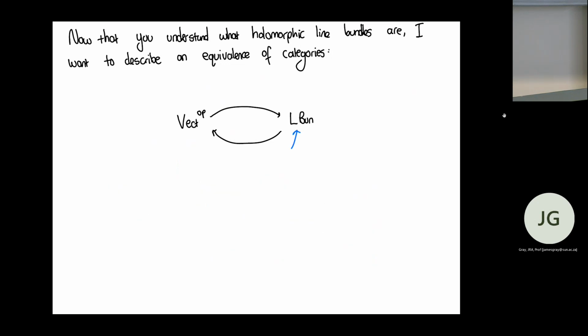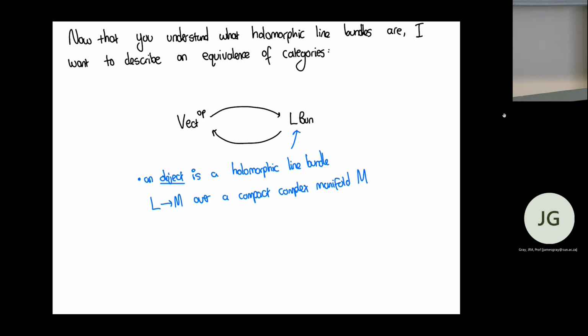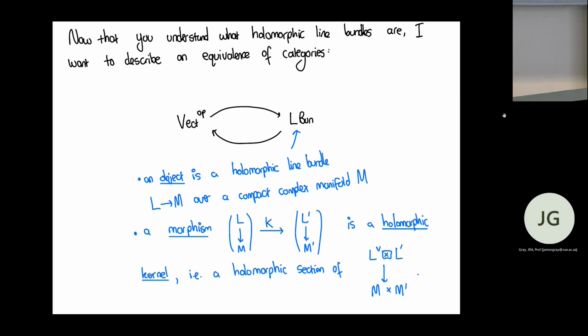What is this category on the right? An object here is a holomorphic line bundle over a compact complex manifold M. And a morphism from one line bundle to another line bundle is a holomorphic kernel. In other words, it's a section of the product line bundle living over the product.